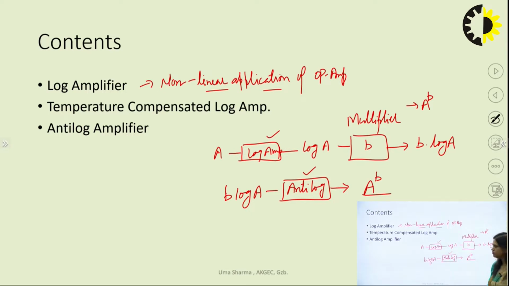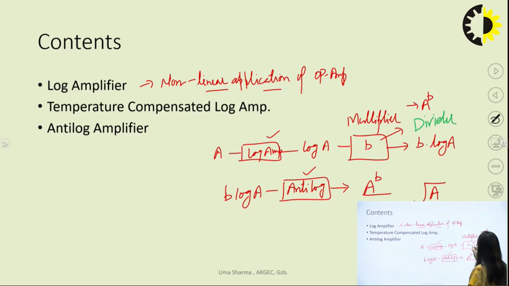Similarly, if we want to calculate the square root of A, then just replace this multiplier block with a divider.